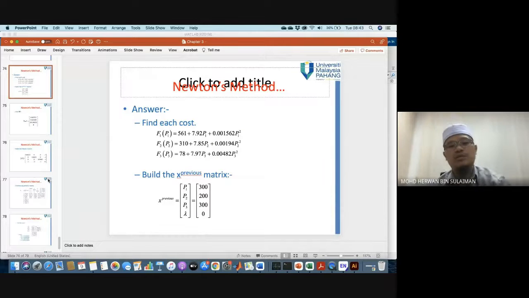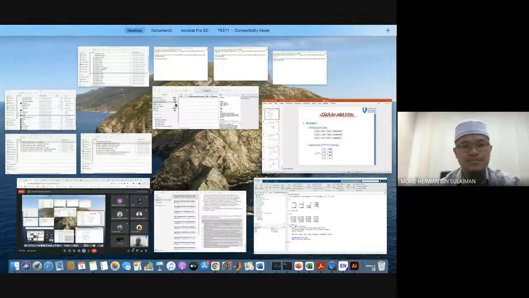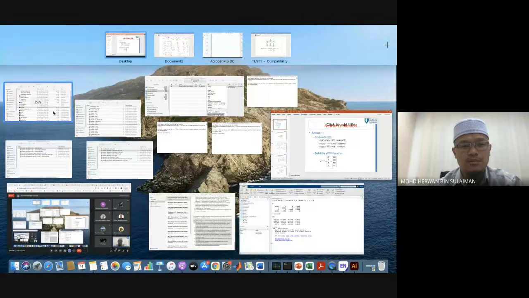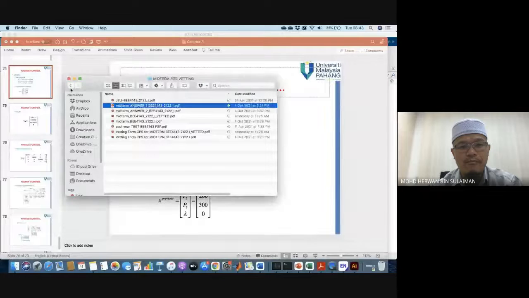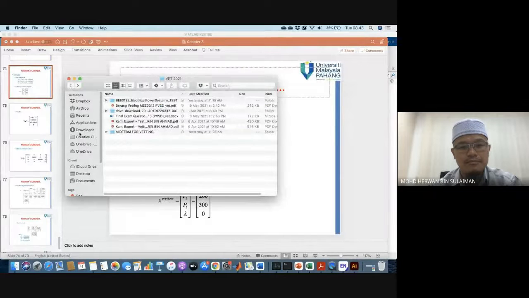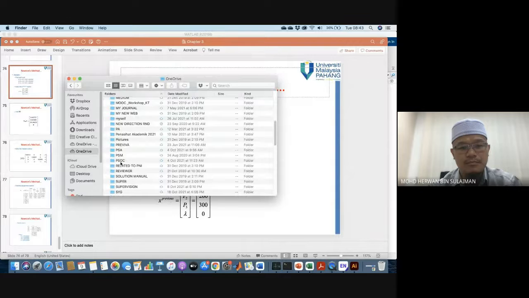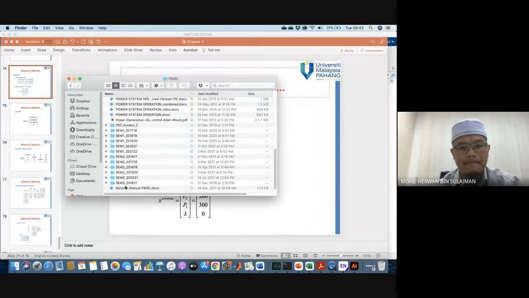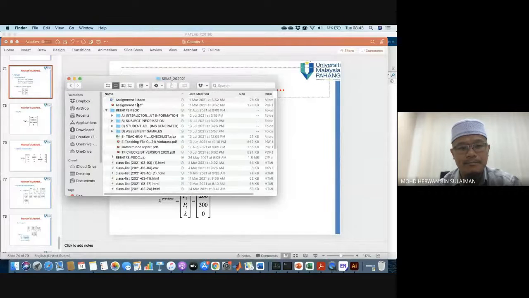Okay, tu untuk you punya assignment. Kita tengok kita punya schedule.